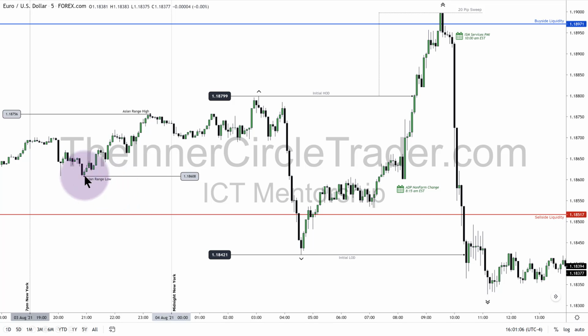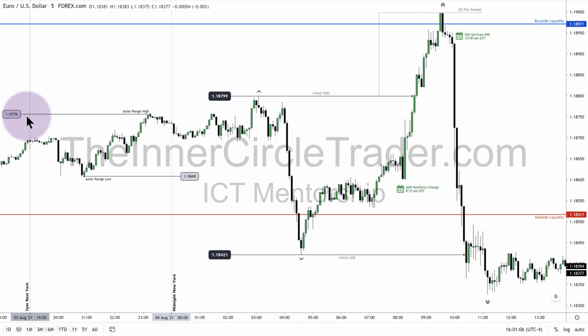Do it on the bodies as well. I'm showing you on the highest of the wicks on both swing low and swing high. It's important that you do this on a 5-minute chart because the algorithm will do this on this time frame. It does not work on a 15-minute chart, a 12-minute chart, a 3-minute chart, a 1-minute chart, or an hourly chart. This will only work on a 5-minute chart, so it's calibrated to this time frame.